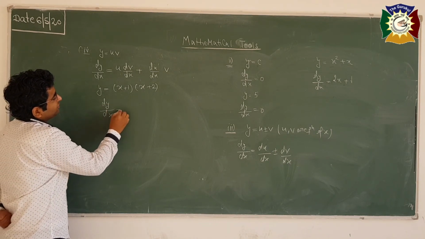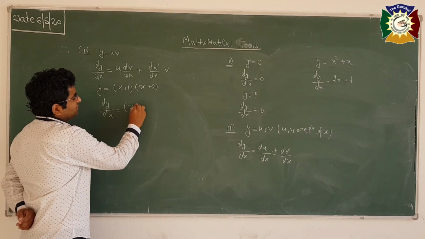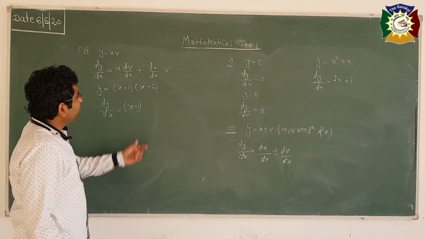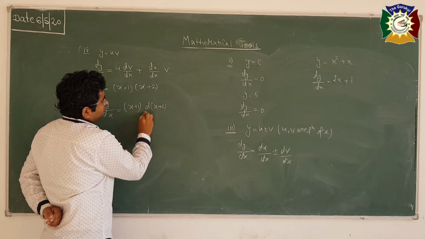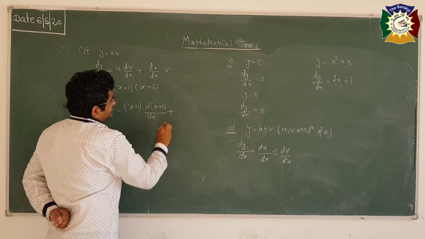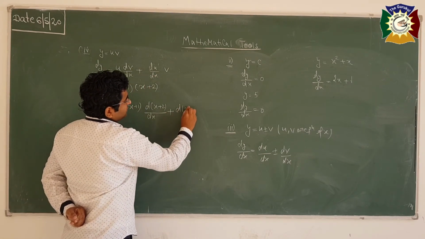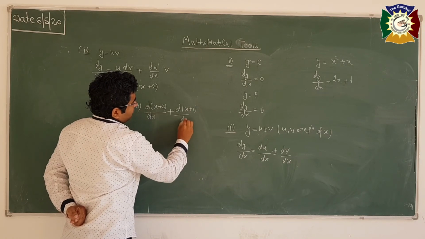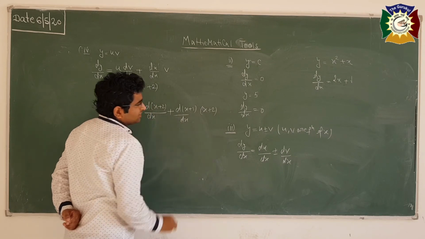dy upon dx will be equal to u as it is, so x plus 1 as it is, times differentiation of x plus 2, plus du upon dx, derivative of x plus 1, and second term as it is.